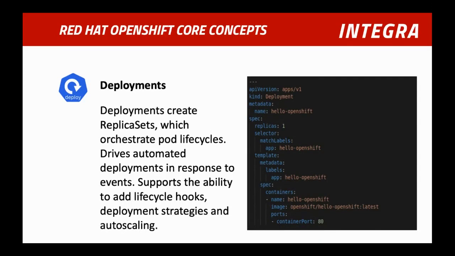Finally, we have deployments. You normally don't write replica sets yourself, or create pod definitions directly. You deploy them. Ideally, you would deploy them through something called deployments. A deployment creates that replica set, which creates the pods. It has the capability to add lifecycle hooks.